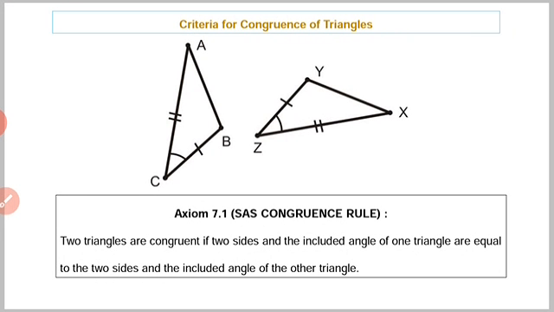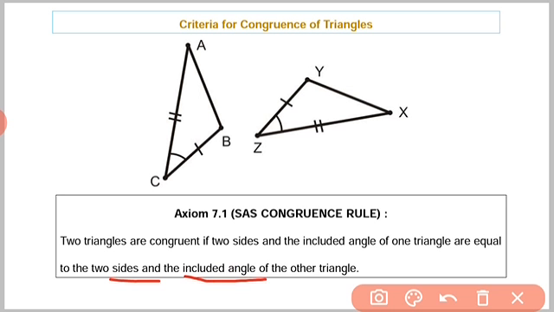It is treated as axiom 7.1, that is, a statement which need not require any proof. So let's see. Two triangles are congruent if two sides and the included angle of one triangle are equal to the two sides and the included angle of the other triangle.